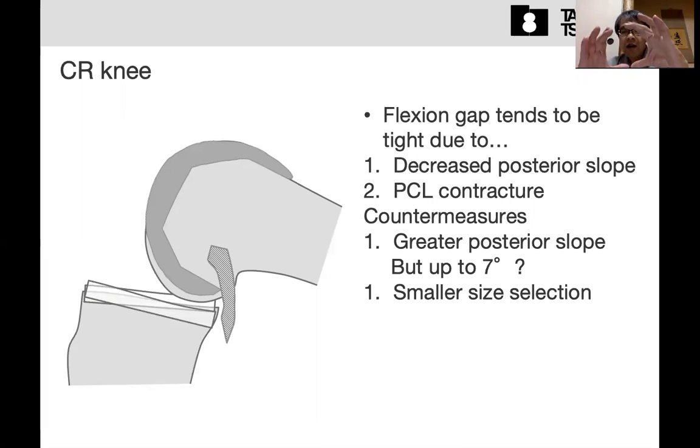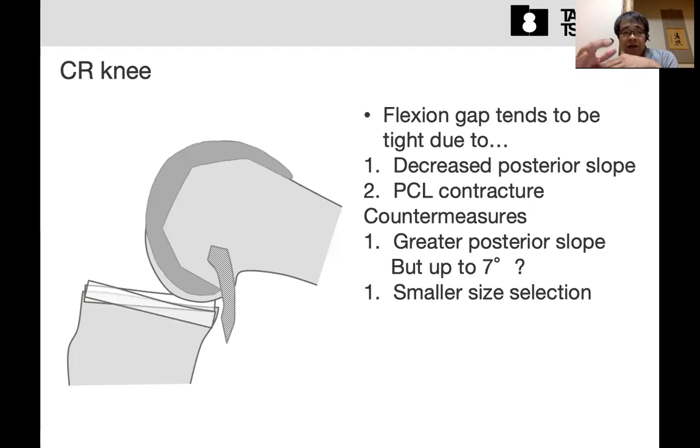If the sizer indicates between two sizes, for the CR knee, we always select the smaller one, even one size down, to enlarge the flexion gap. So just like this, a smaller femoral size means more posterior condylar cut, which can expand the flexion gap.